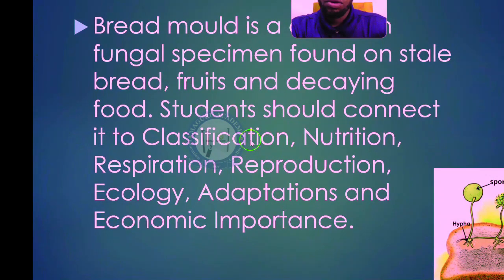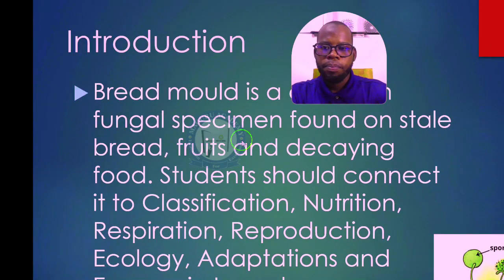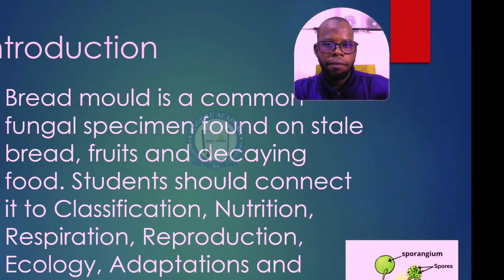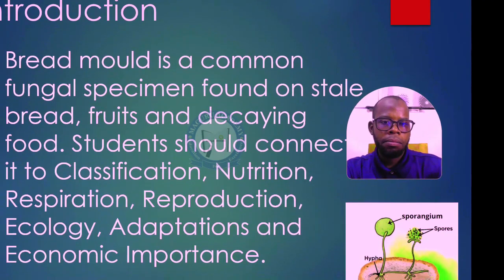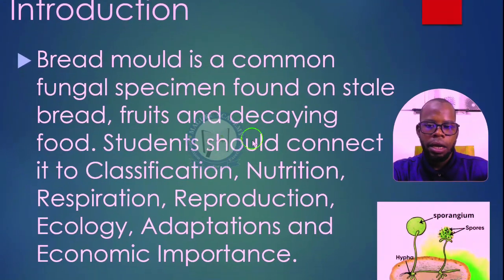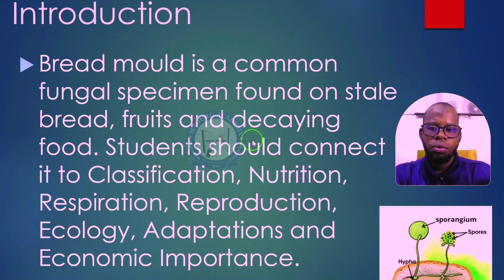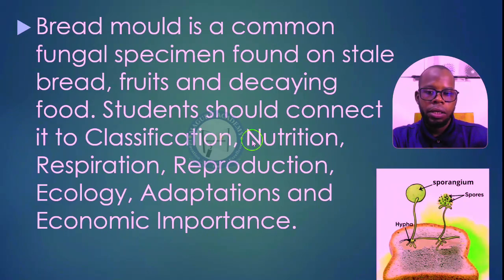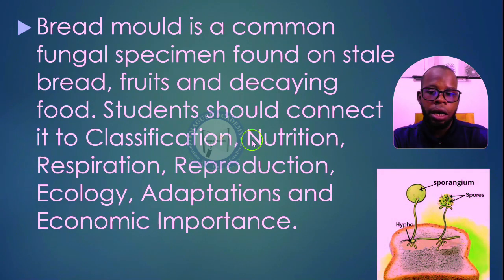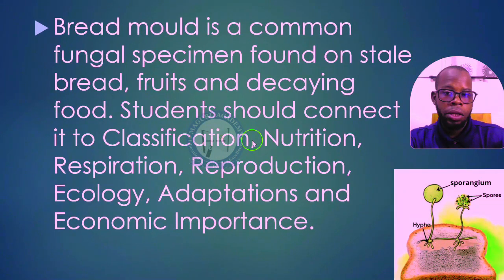Now we are going to look at different topics and you will see the different characteristics from other organisms like mushroom and other fungi. We are going to look at nutrition, how it gets nutrients, respiration, reproduction, ecological relationship, adaptation to the environment, and then finish with the economic importance. Make sure you base on these features or categories.